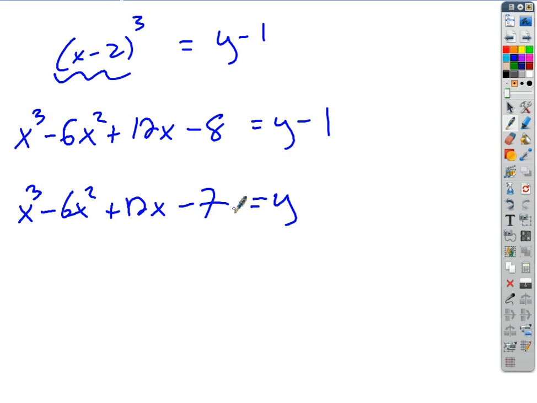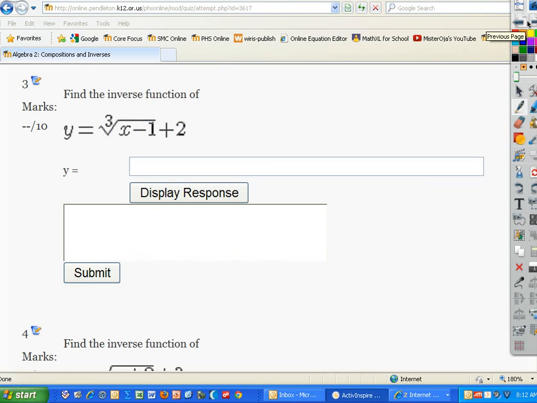And I don't even think you have to simplify the answer. I think you could have just left it as the quantity x minus 2 cubed plus 1. It's fine. Okay. If I look up here, it doesn't say that, but I don't really care if you do all the expansion. I just want you to know what's the recipe for finding the inverse.